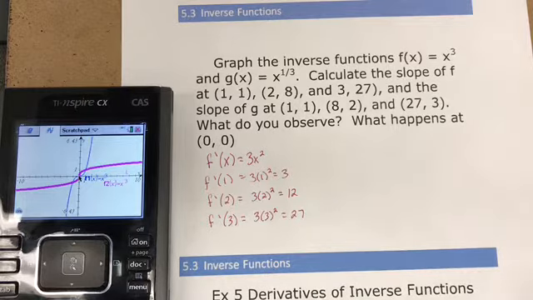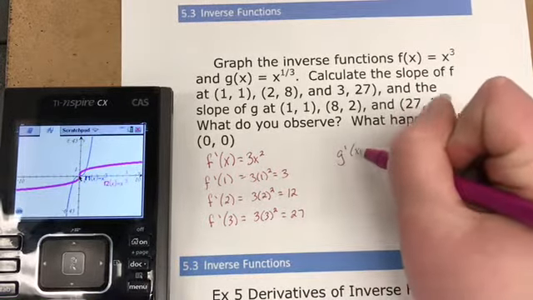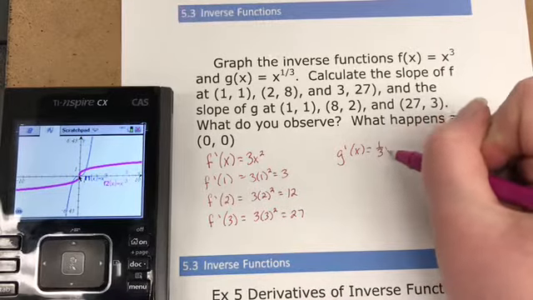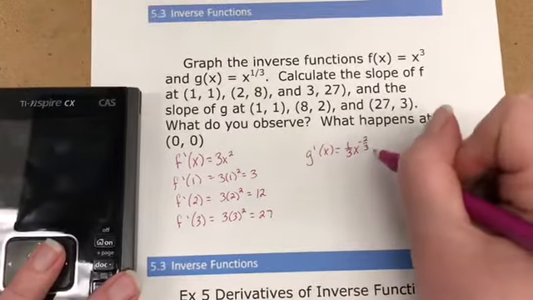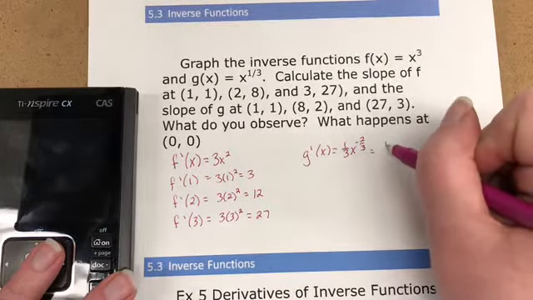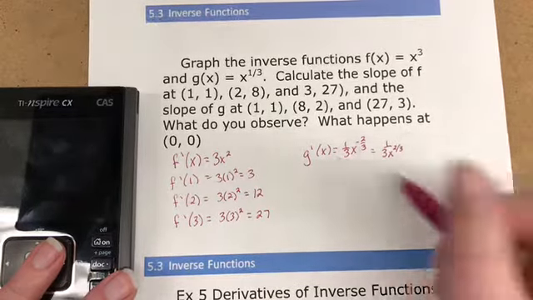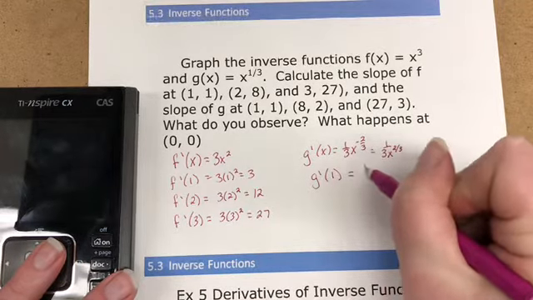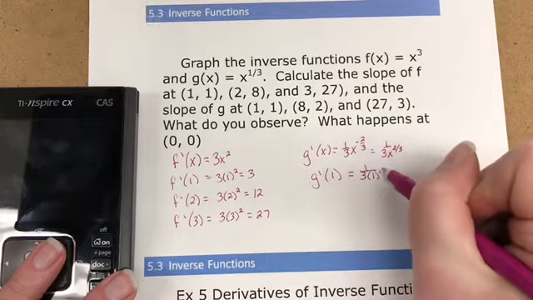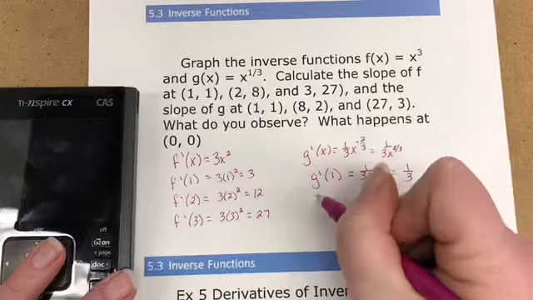And then we have to find the slope of g at (1, 1), (8, 2), and (27, 3). So g prime of x would equal 1/3 x to the negative 2/3, which is the same thing as 1 over 3 x to the 2/3. So g prime of 1 would be 1 over 3 times 1 to the 2/3, which would just be 1/3.